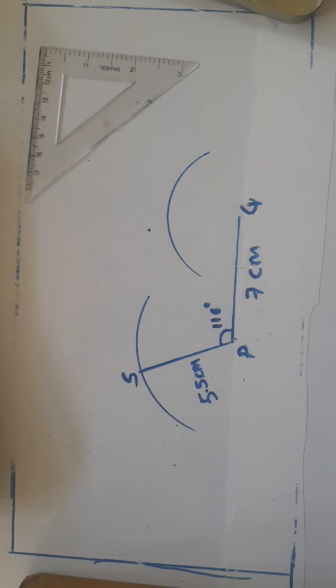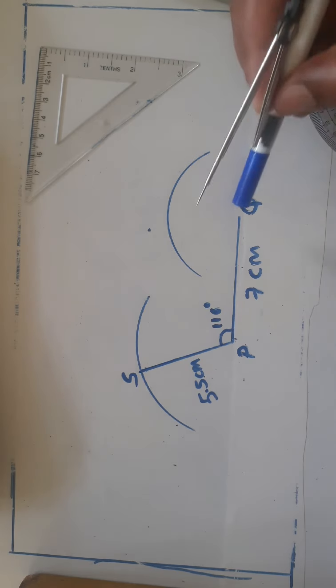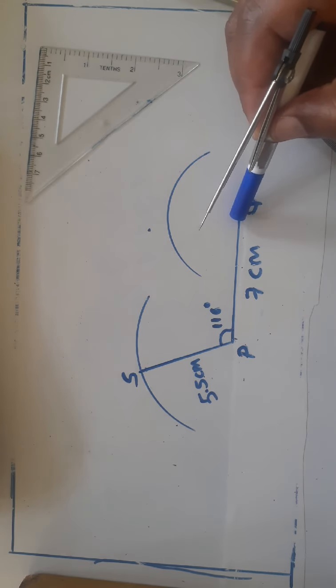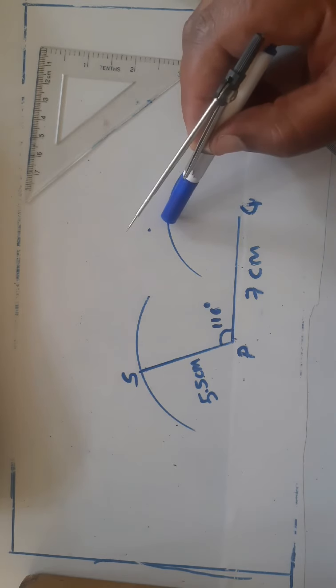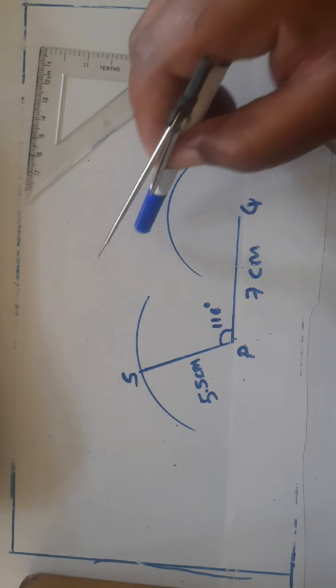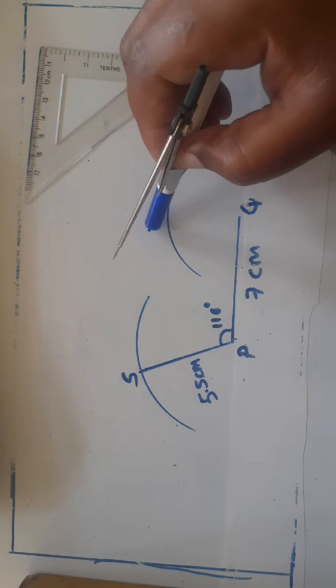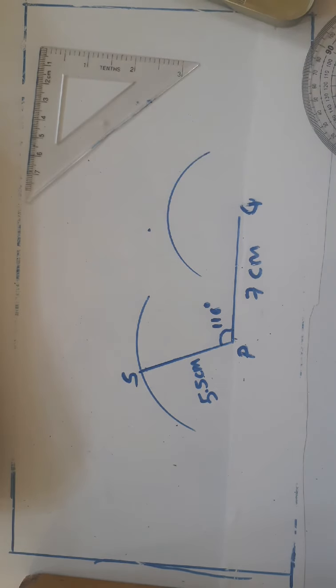That's enough. Now you are going to join this point to this arc. But you must realign this point to that point, because this is telling us that the angle that will be formed here is 80 degrees.